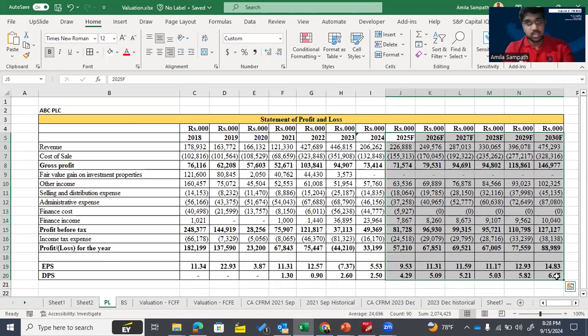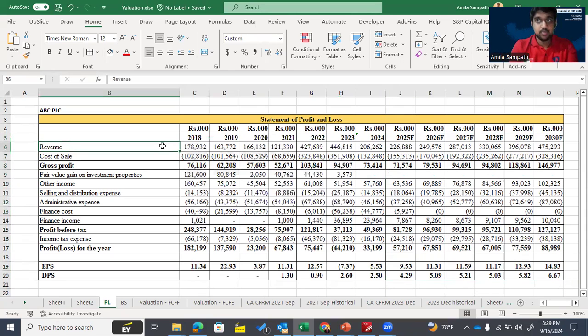You can see we forecasted revenue, cost of sales, gross profit. For the fair value gain on investment property, we didn't forecast it. There is a reason for that, but at this point I don't have to explain it. Other income, selling and distribution, administration, all of those are forecasted.